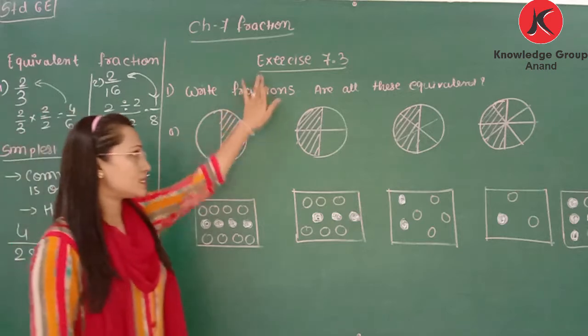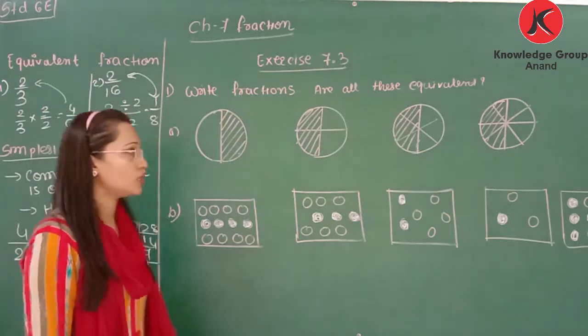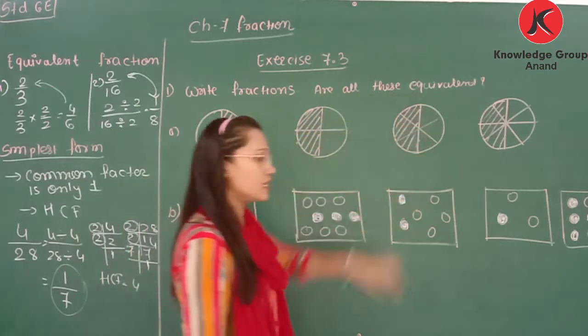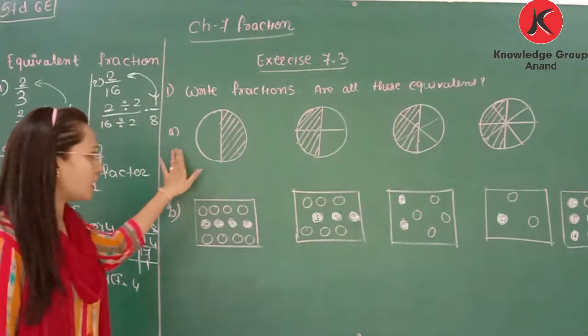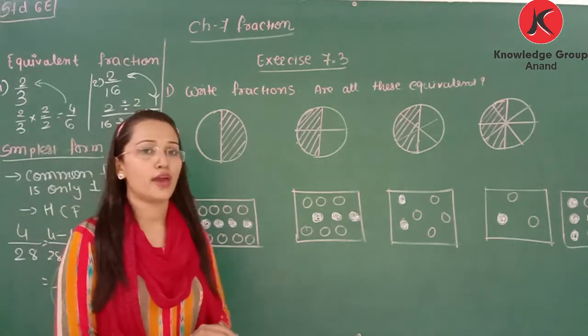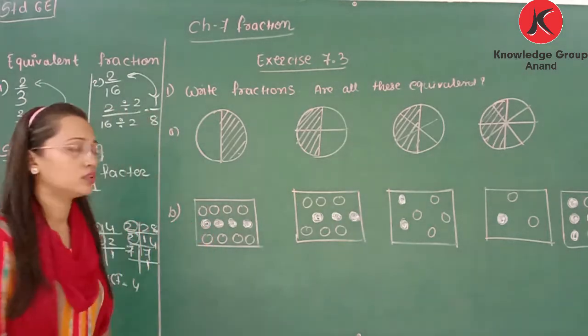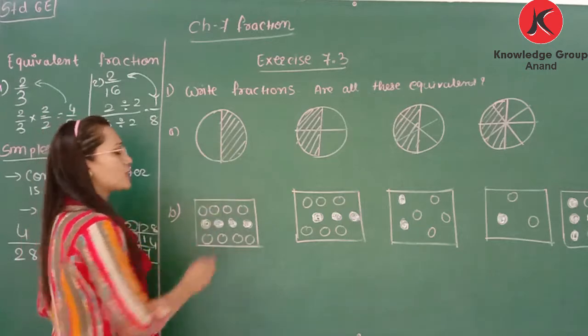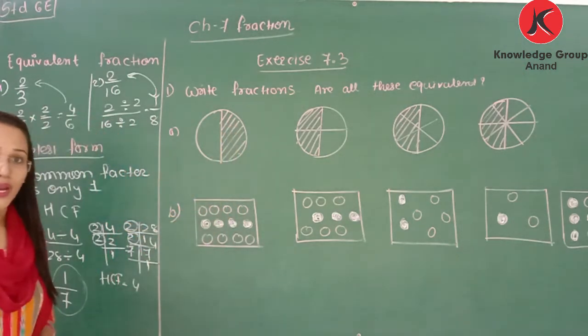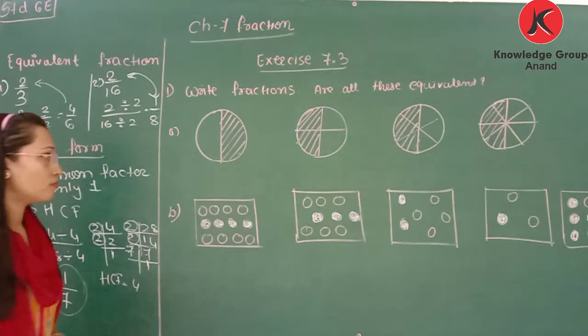Today we will solve exercise 7.3. Question number 1 is to write the fractions. Are all these equivalent? For the first one, 4 figures are given and you need to find the fraction of each figure. Let's take the first figure, a circle divided into 2 parts. How many parts are shaded? 1 part.